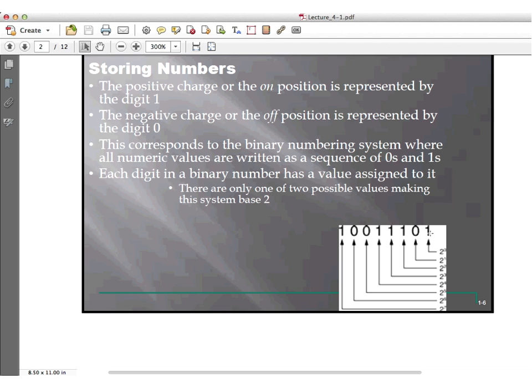It's like a decimal number, where the first digit is the ones, the second to the left is the tens, the hundreds, the thousands, the 10,000s. But in binary, this is the ones, the twos, the fours, the 8s, the 16s, 32.